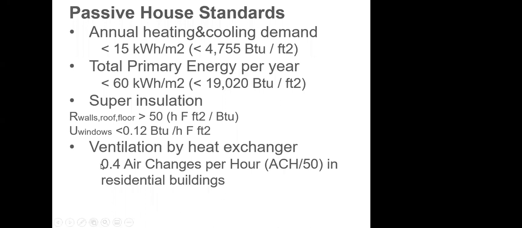And here we have a limitation for the air changes per hour in residential buildings. They don't talk about commercial buildings. Passive house standards work better with residential than with commercial buildings. So this limitation applies for residential buildings. For commercial buildings, it will be different.